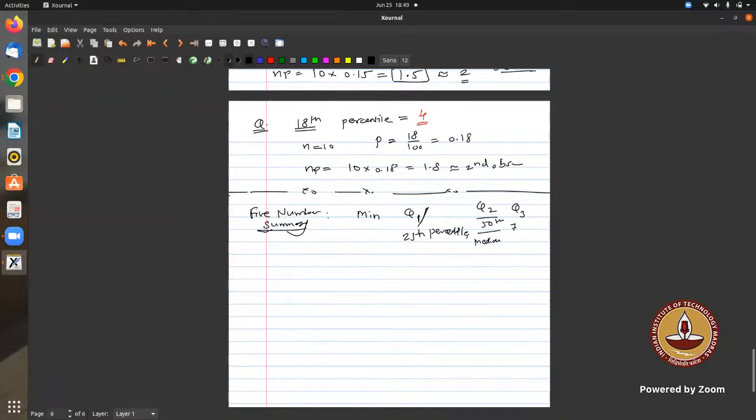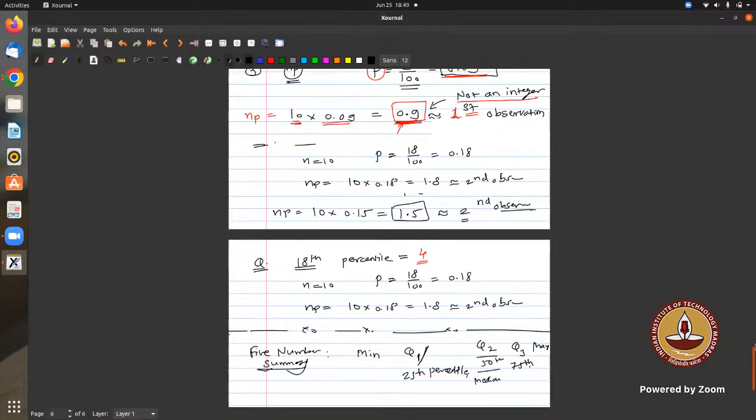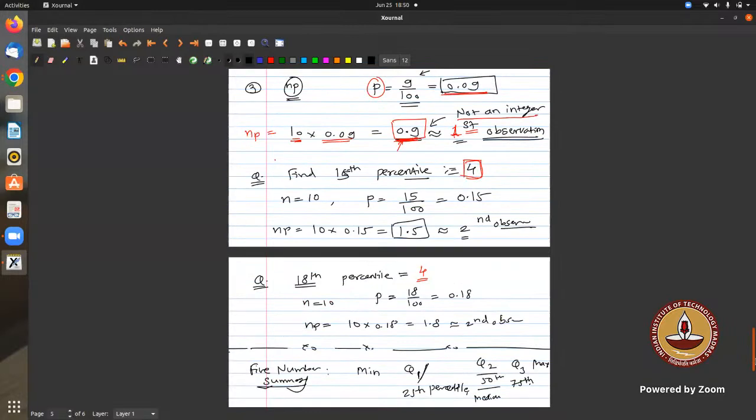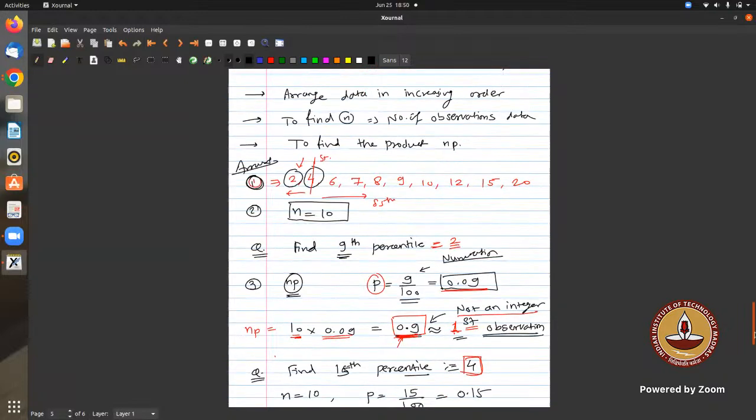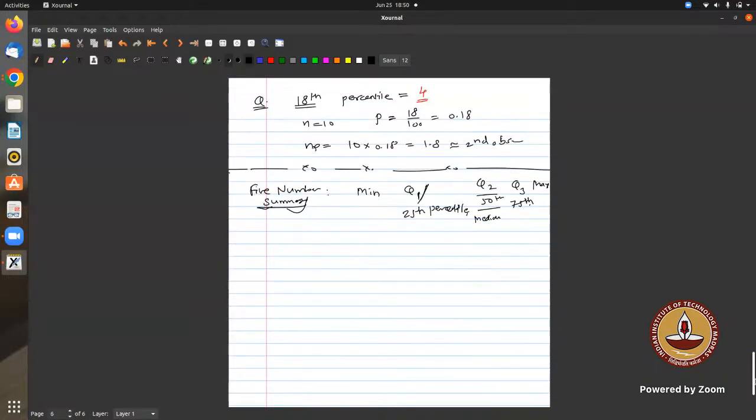Q3 is the 75th percentile or upper quartile, and then the max value. In the given data set, the minimum value is 2 and the maximum value is 20.